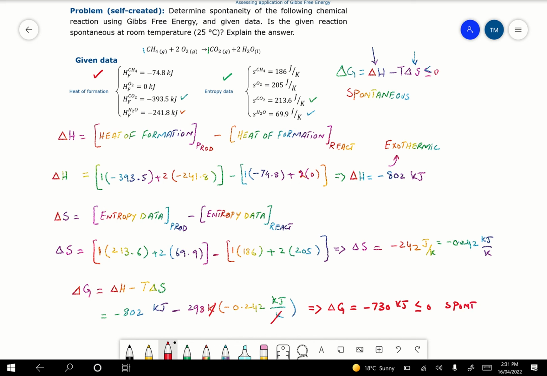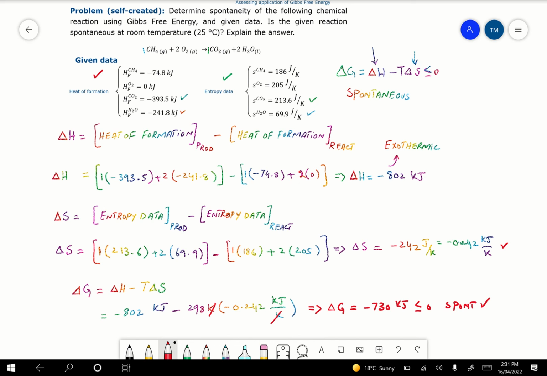So that means the entropy data of these components is not correct, because if it's spontaneous based on delta G, it should be spontaneous based on entropy change as well. In both cases the results should be consistent.